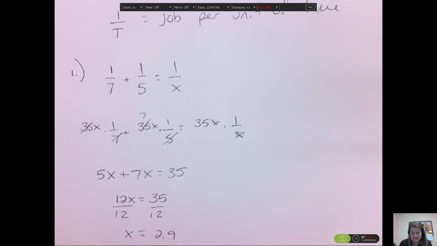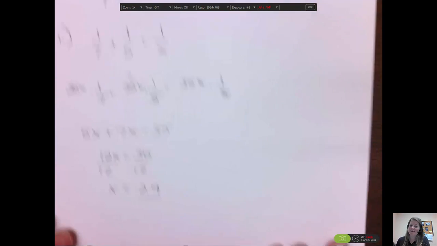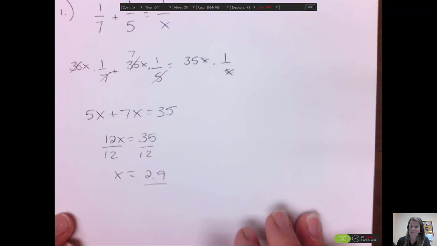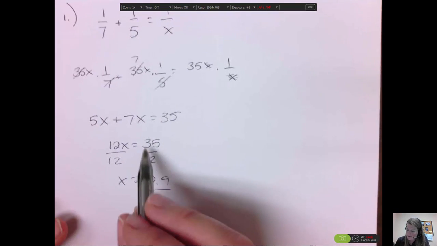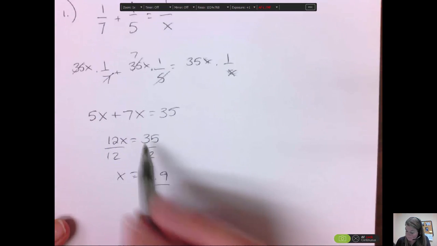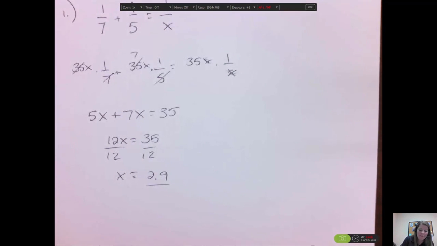The other thing I was thinking of: what if I wanted this written in hours and minutes instead of 2.9? Sometimes the book or MyMathLab wants it in hours and minutes. So we know 12 goes into 35 two full times, and then how many remaining do we have out of that 12?